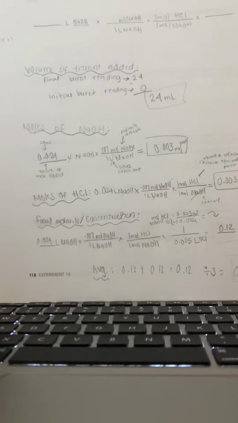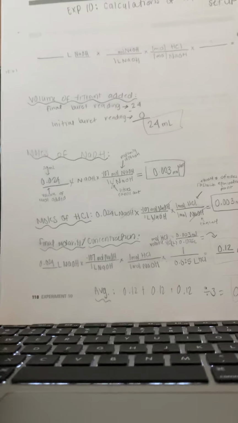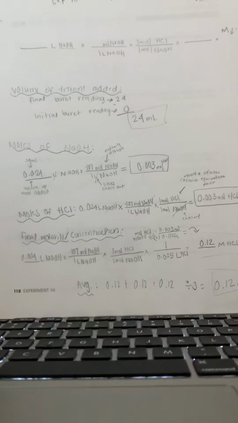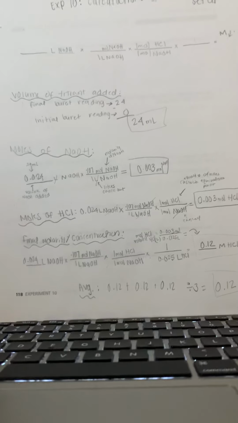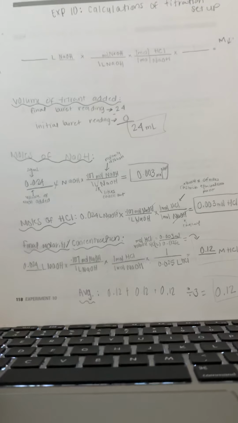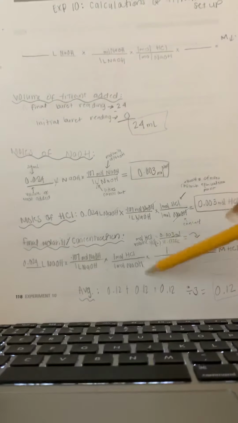To get the average, all you have to do is add up the 3 trials that you did, which gives us 0.36. Then we divide that by 3, which gives us what we started with, 0.12.